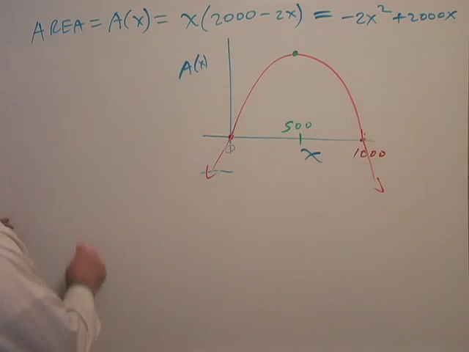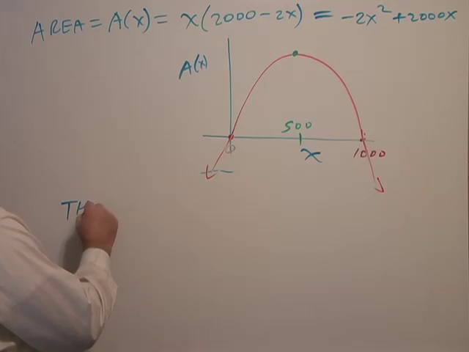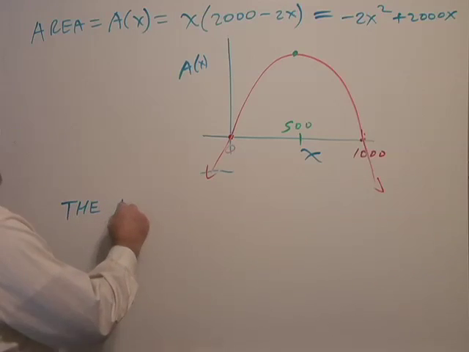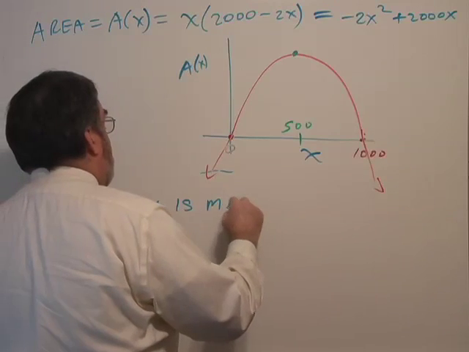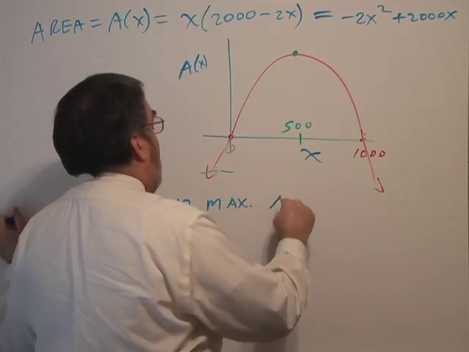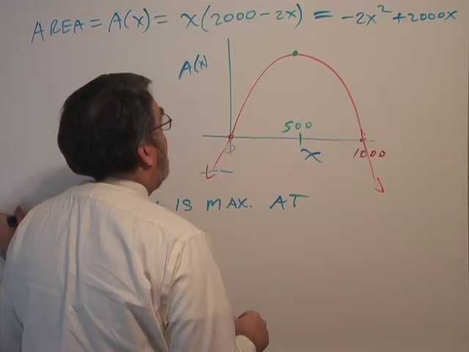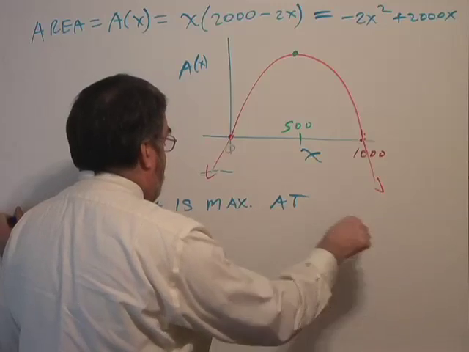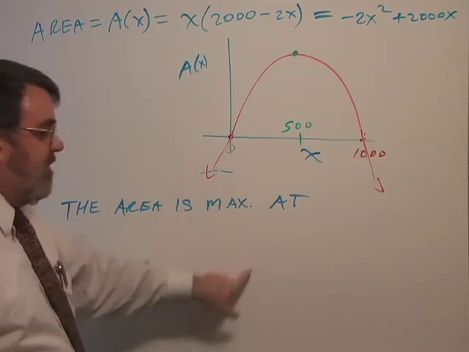All right, so the area is maximum at, what is the area? x is 500. It was 500 times 1,000 when I erased my picture, but I think it was 500, 1,000, and 500.